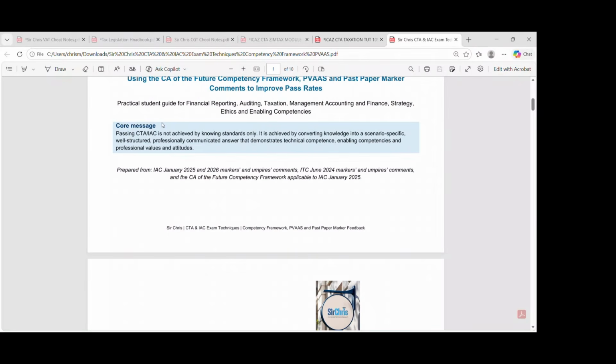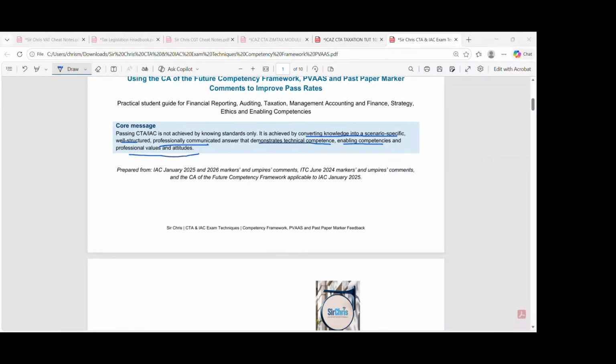Passing CT or IAC is not achieved by knowing standards only. It is achieved by converting knowledge into a scenario-specific, well-structured, professionally communicated answer that demonstrates technical competence, enabling competencies, and professional values and attitude. Understand these facts.